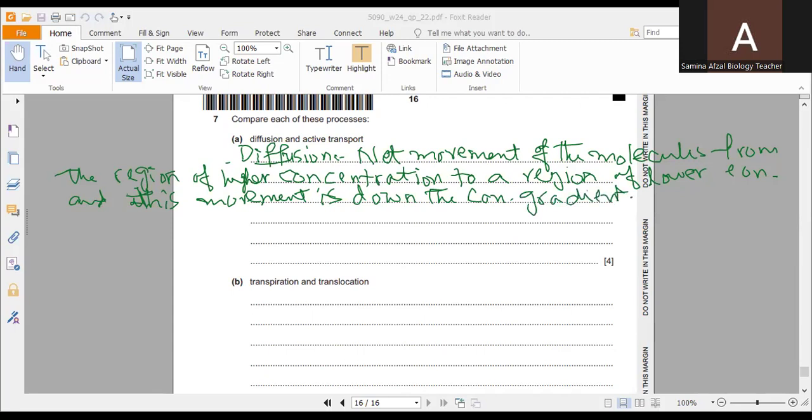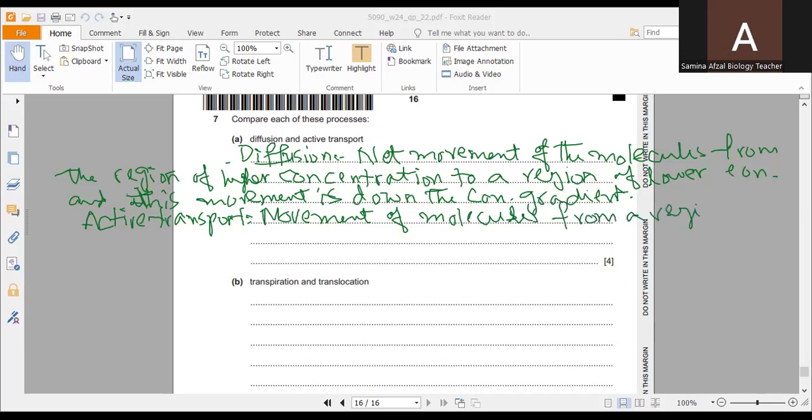On the other hand, active transport is the movement of molecules from a region of lower concentration towards the high concentration by using energy.